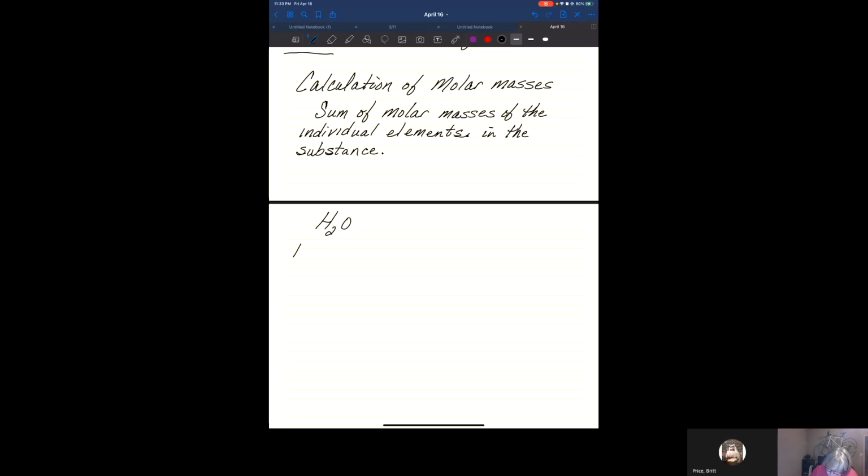In one water, there are 2 hydrogens and 1 oxygen. Remember that ratio of the boxes and the dozens and such?